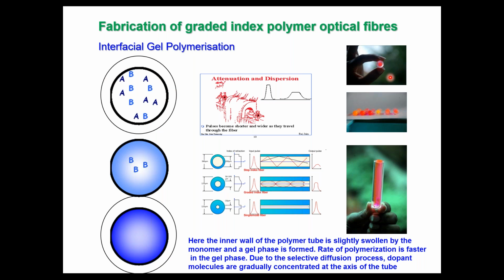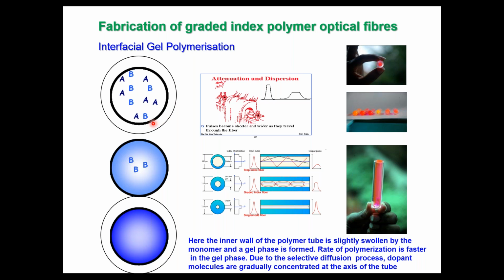So you can see this photograph. It shows that on the sides it is transparent and in the middle it is pink. That means the pink color is the fluorescent material that is added, that is the gain medium. So what is happening here is you start with a hollow polymer tube.